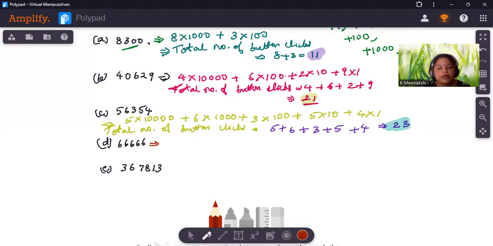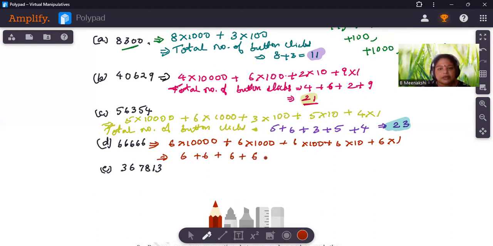Now, how about 66,666? 6 into 10,000 plus 6 into 1,000 plus 6 into 100 plus 6 into 10 plus 6 into 1. When you add them, 6 plus 6 plus 6 plus 6 plus 6, you will get a total of 30 button clicks.